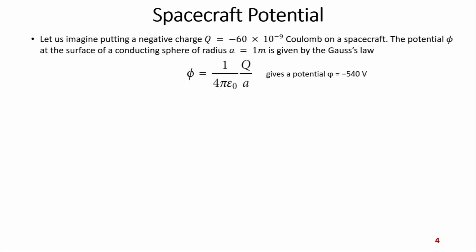What does it mean? If the spacecraft acquires negative charge from the plasma, it will acquire a potential. You see this quantity is quite significant, minus 540 volt. If the charge increases, that will go even to kilovolt, megavolt, gigavolt.